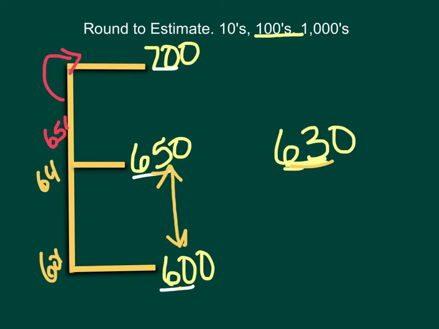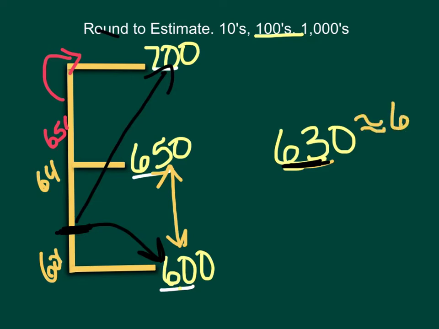So 630 is somewhere in this area right here. And of course you see that it is closer to 600 than it is to 700. The purpose of rounding is to find a number that's easier to work with, but not too far away from our original number. So we can safely say that 630 rounds to 600.